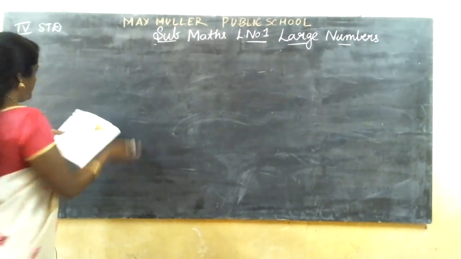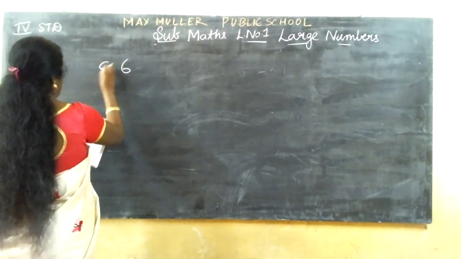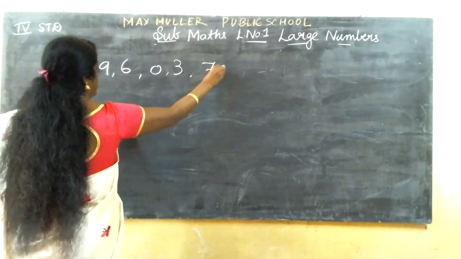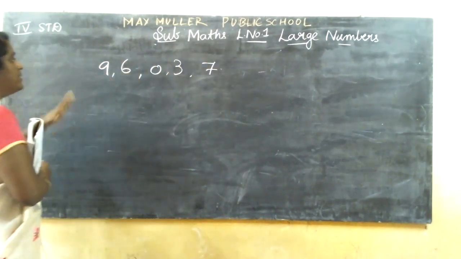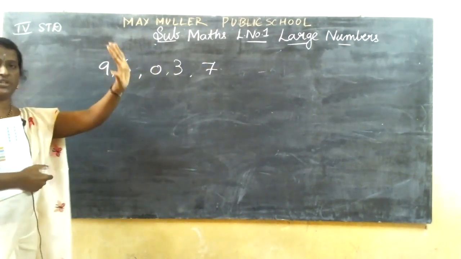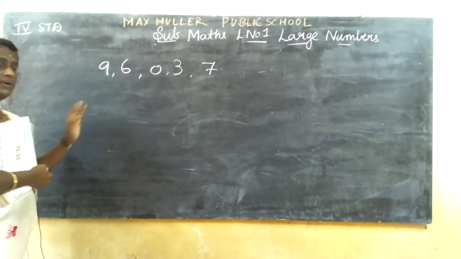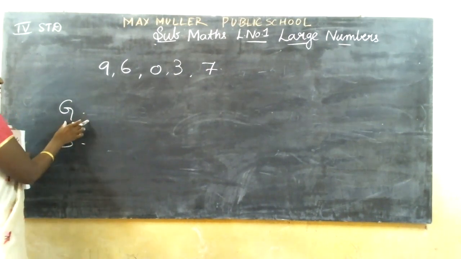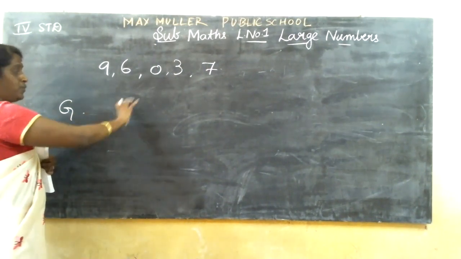See, for example, 9, 6, 0, 3, 7. You should convert this into a 5-digit number. You should write the greatest number and the smallest number. Greatest number means descending order, big to small.